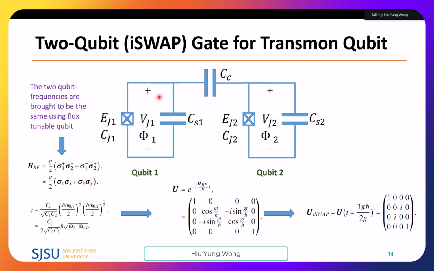Through this communication or interaction, you eventually can come up with some change of the state, and that gives you an entanglement gate. Now, this entanglement gate is called the iSWAP gate. It's not the CNOT gate I mentioned earlier. That is because different quantum computing architectures have different physics.